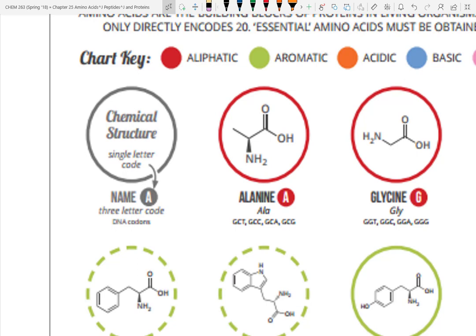In that case, they probably use the single-letter code rather than the 3-letter code. However, you may occasionally see the 3-letter code too. The other interesting thing too is if you take biology, you've probably seen these 3-letter codes. Those are the DNA codons that are required to make that specific amino acid. So this is all closely related to biology.